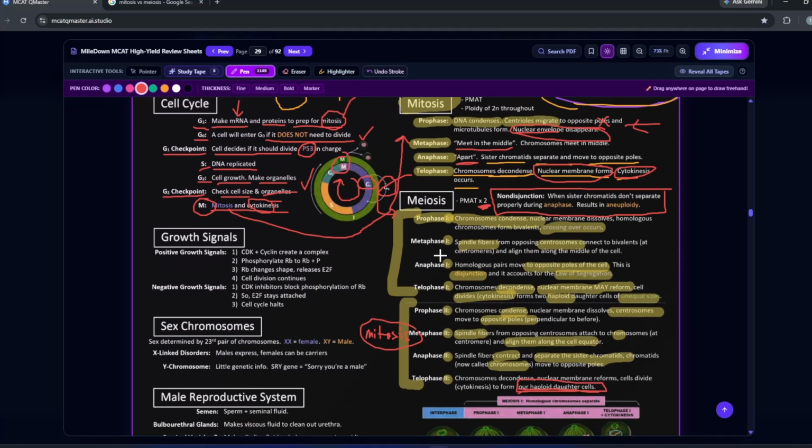All right, so now we're going to move back and explain a little bit about disjunction and law of segregation. Disjunction is the physical separation of chromosomes during cell division. It's just a way to say that the chromosomes are physically separating. While the law of segregation is a genetic principle, right?